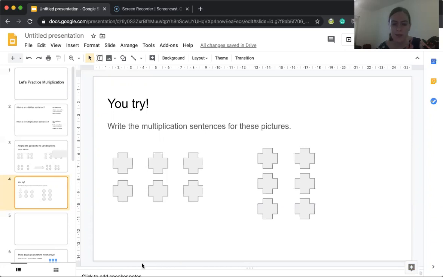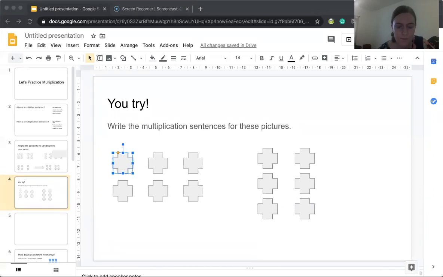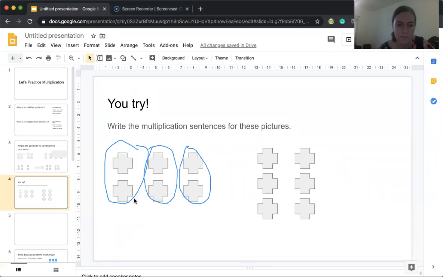All right, so let's give this a shot together. So here I'm seeing 1, 2, I'm seeing 3 groups in this picture. That's what it looks like to me, okay? So to me, I see 2 here, and 2 here, and 2 here, but I'm gonna remember to put the number of groups first.